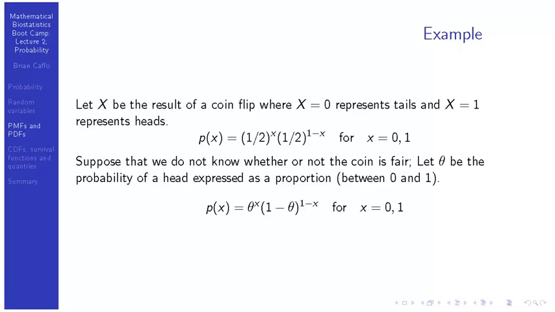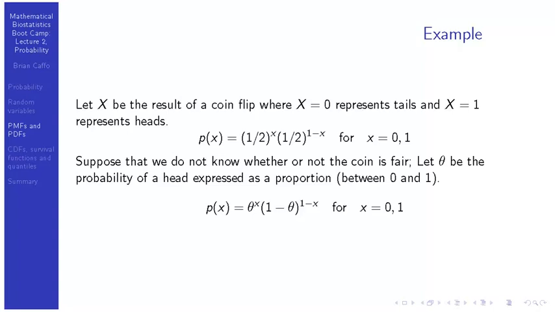Now let's go to a slightly more complicated example where we assume that the coin is potentially biased, i.e., that it's not fair. Let theta be the probability of a head, expressed as a proportion between 0 and 1. Just as an example, imagine if theta was 0.3 instead of 1/2, then the probability of a head is 0.3 and the probability of a tail is 0.7.